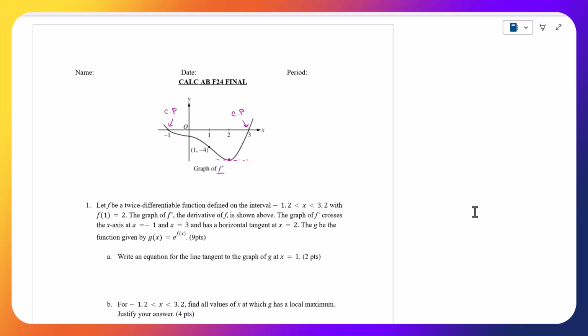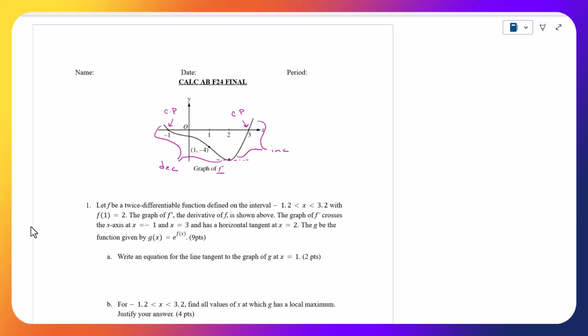It possibly means that we're switching from decreasing to increasing or increasing to decreasing. And if we look, that's actually what's happening. We'll notice here, on the left side of our tangent line, we're decreasing, and on the right side, we are increasing. Okay, so now we have pretty much all the information we can figure out from our graph.